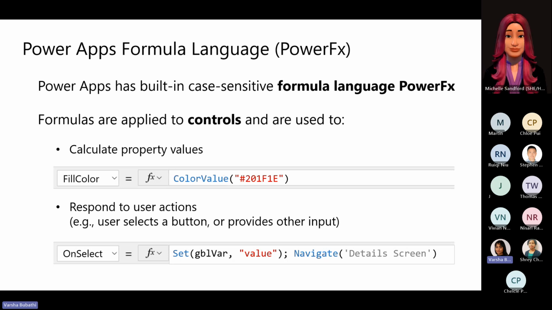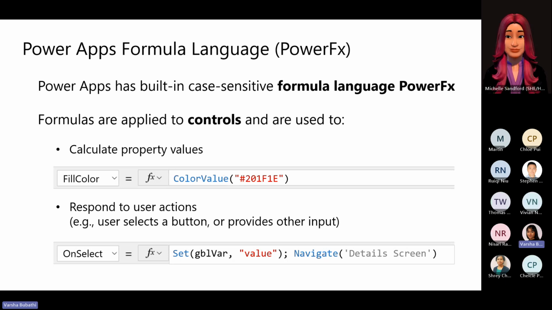And then the second function navigates to a screen called DetailScreen. Power Fx includes a massive set of built-in functions that cover various scenarios such as mathematical operations, string manipulations, date and time functions, and more. These functions are also documented with information on how exactly they're used, as well as examples, so you can leverage them to create more complex formulas and expressions.